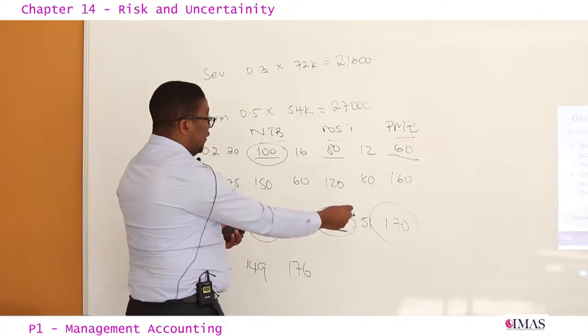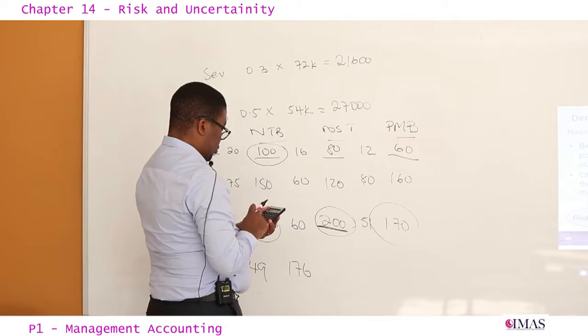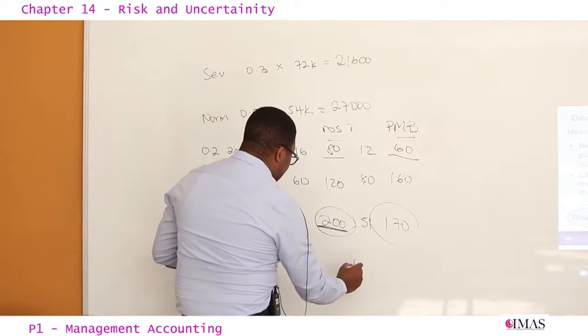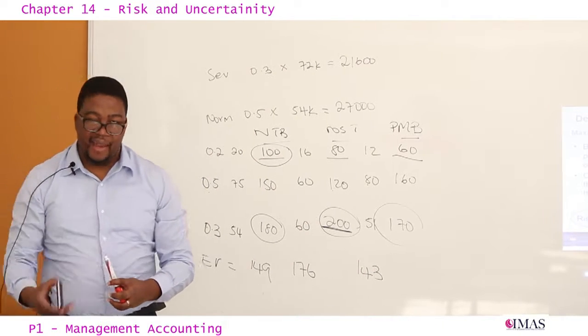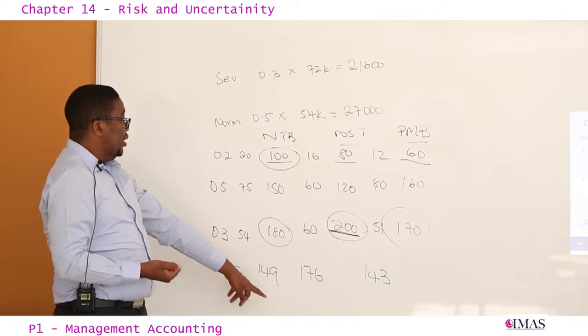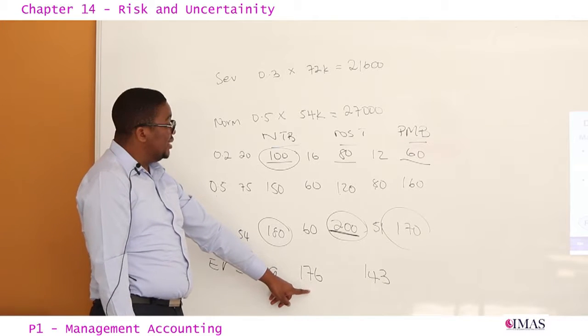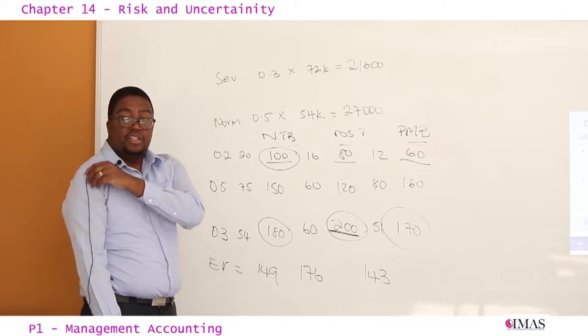We add 51 plus 80 plus 12. That gives us 143. Therefore, of the three expected values, in Witbank 149, in Nelspruit 176, in Pietermaritzburg we will have 143 students.